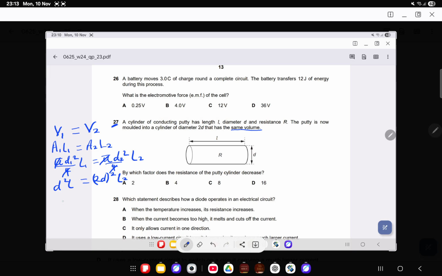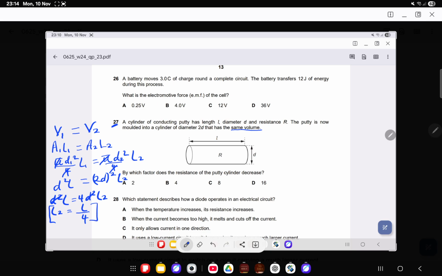So if I break it down, I have D squared L is equal to 4D squared L2. So my D squared can cancel out. So which means that my L2 is actually L, the first L, divided by 4. So very important. Let's keep note of this.